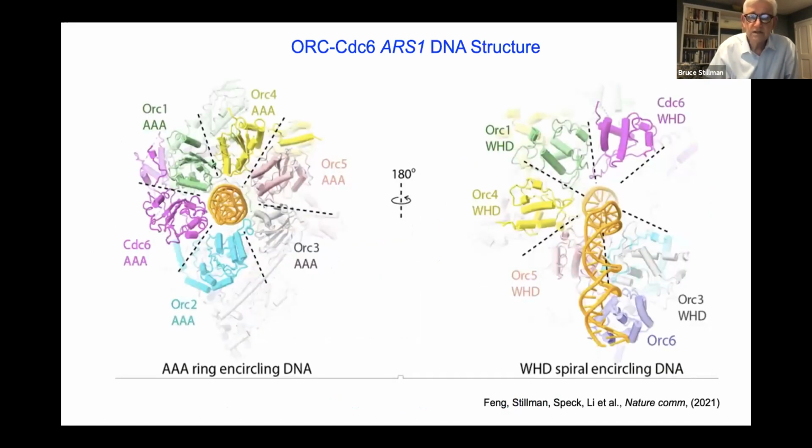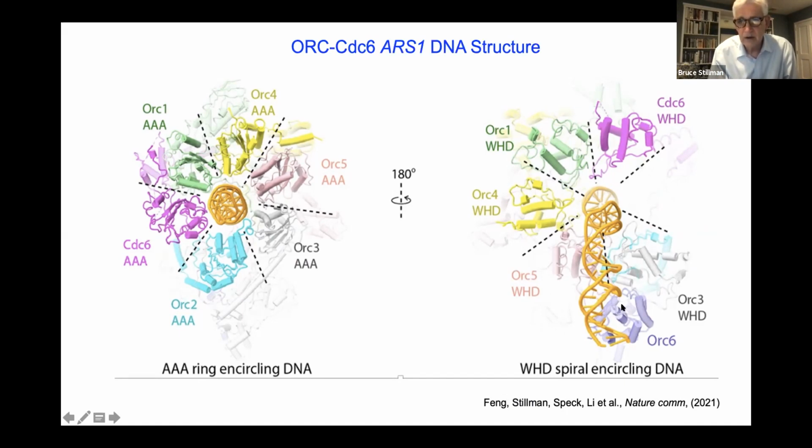So this is the ORC-CDC6 structure. The AAA plus domains of the 6 subunits, the 5 ORC subunits plus CDC6, surround the DNA in a perfect circle, whereas the winged helix domains form a spiral around the double helix, shown here.